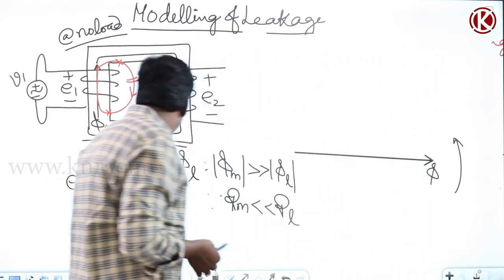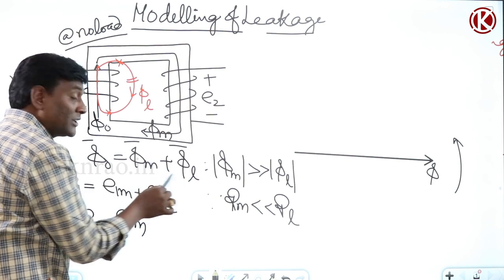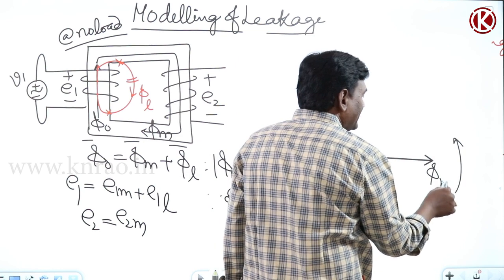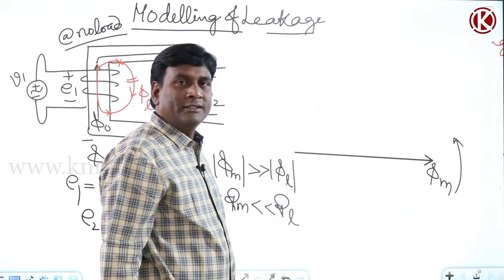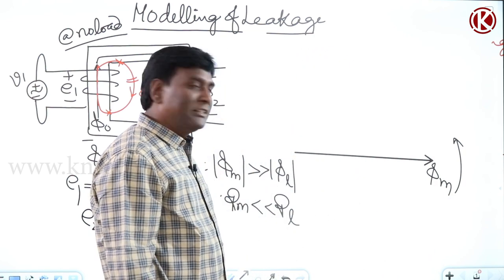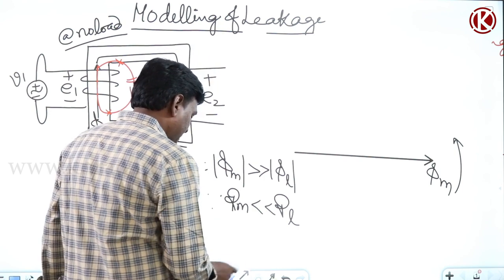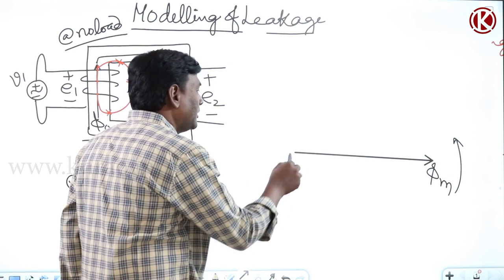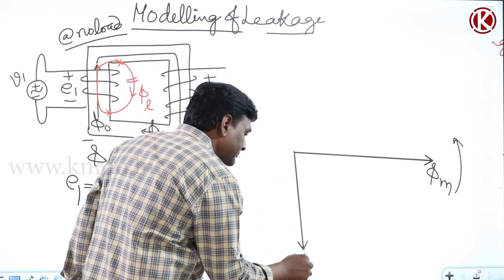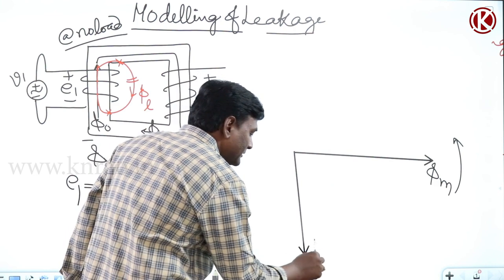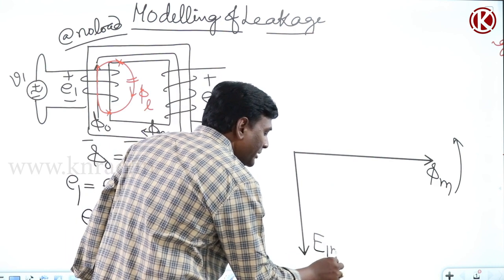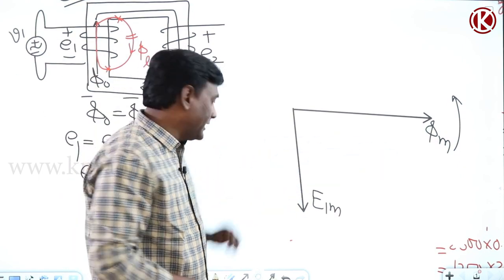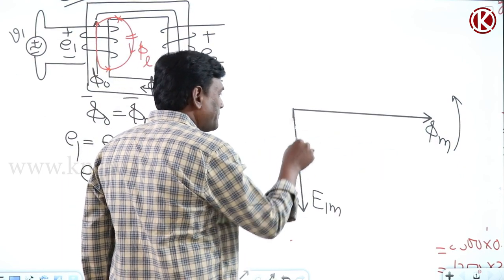Now between mutual flux and leakage flux, which magnitude is more? Mutual flux. So let me consider mutual flux here. If I think of mutual flux, what about E1M? For example, this is E1, the induced voltage because of mutual flux, because I have taken phi M only.